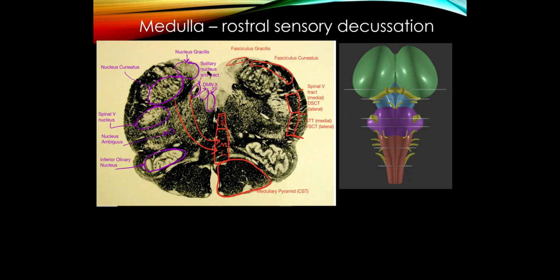Now, as we move up a little higher into the medulla, some things become a bit more clear. Back here, mainly we're seeing the nucleus gracilis, but there are still some black fibers. There's a little bit of the fasciculus gracilis and a little bit of the fasciculus cuneatus. Again, this is all dorsal columns that we just give a different name once we are in the medulla.